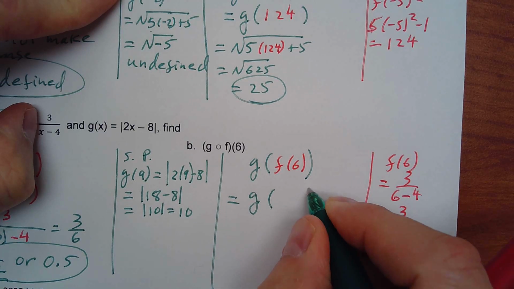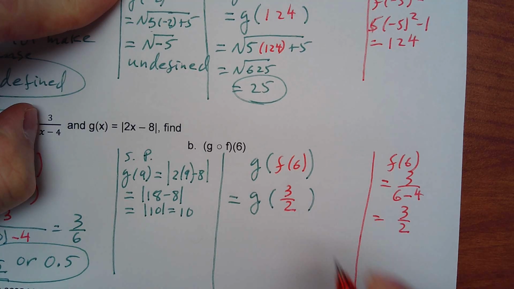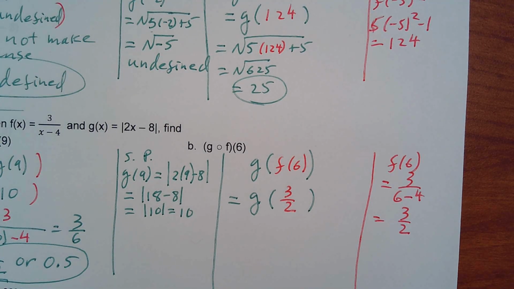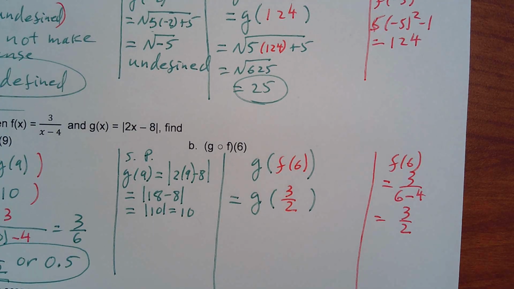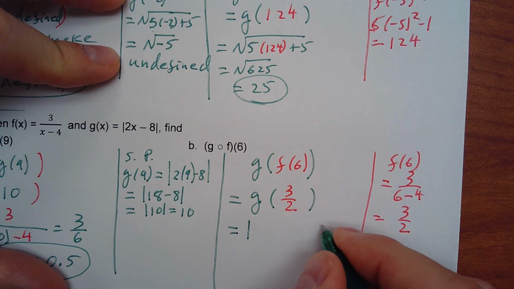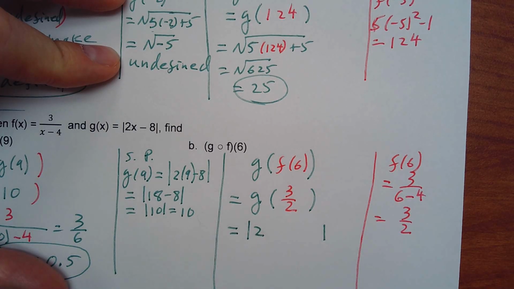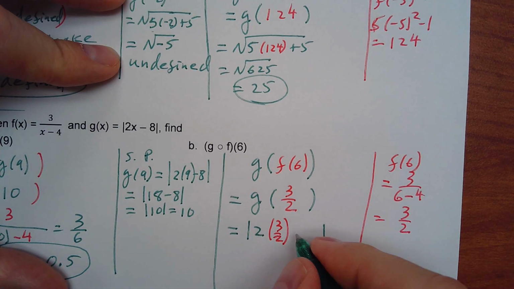So now we're going to plug in that 3 over 2 over here. And I need to plug that into my G function. So that is the absolute value of 2 times 3 over 2 minus 8.